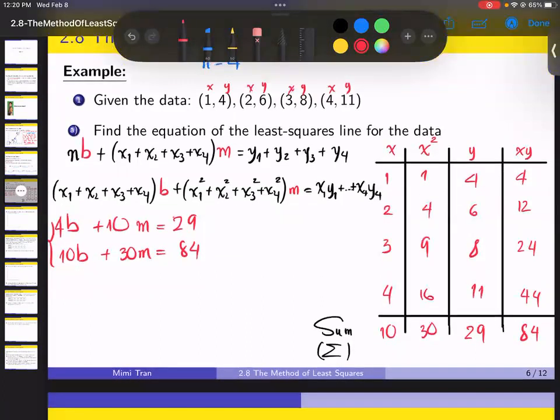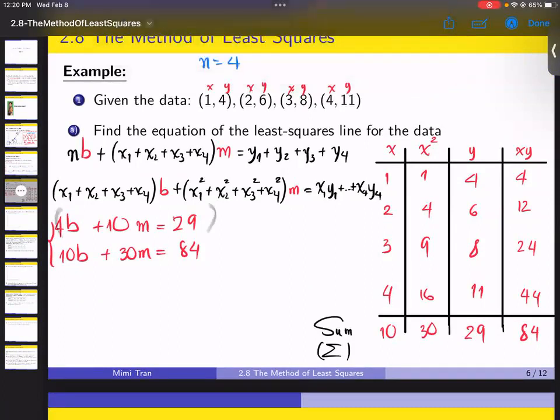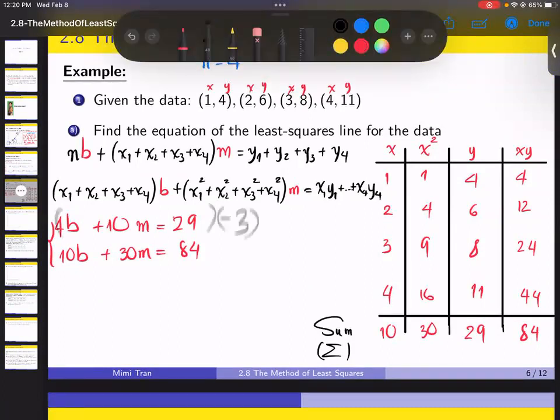All right, I'm going to use elimination to solve all this. You could use substitution if you want. I'm going to multiply the top equation by -3. Why do I want to multiply by -3? Because I need to eliminate one of the variables, and I choose M to eliminate. So I have positive 30 on the bottom.